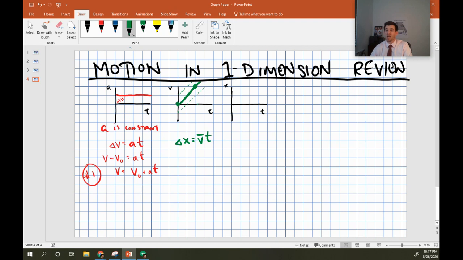And again, I'm choosing two specific points, and I'll show you why this works for every scenario in just a minute. But for now, let's just pick those two points because it's convenient, and we'll call this one right here our V naught, and this one up here our V, and we'll say V plus V naught all over 2. That's the definition of an average, times t.